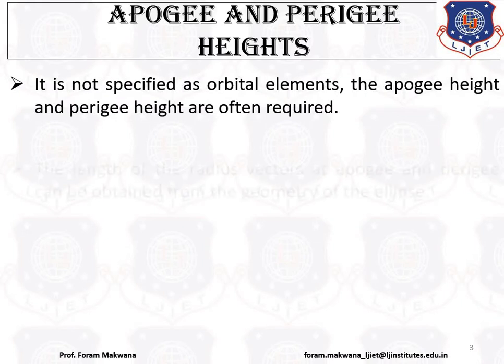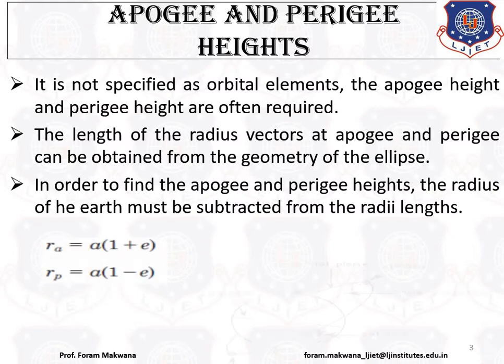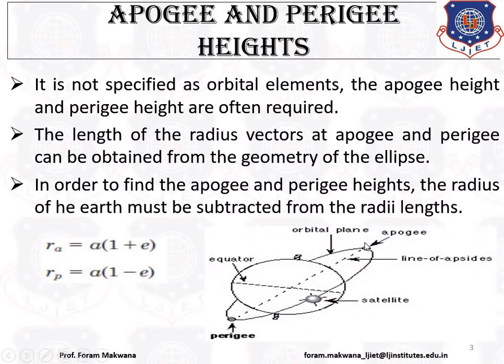Now, as we know, apogee is the farthest point from the earth and the perigee is the nearest point to the earth.